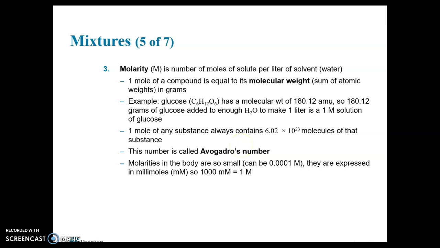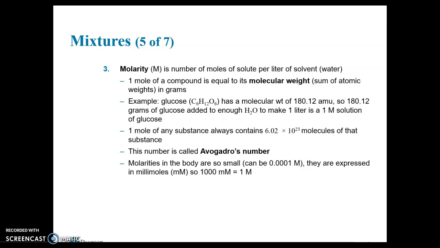So if you want to know the molecular weight, you add all of those up. If you have more than 1 atom of carbon, you would say 12 times 6, and for hydrogen, 1 times 12, and for oxygen, 16 times 6. That would give you 180 atomic mass units.